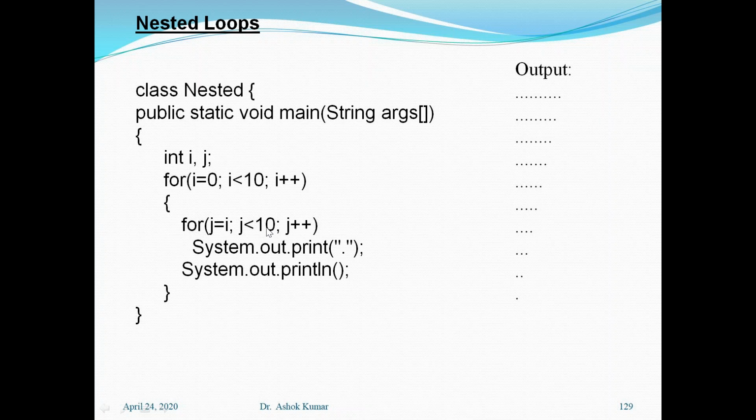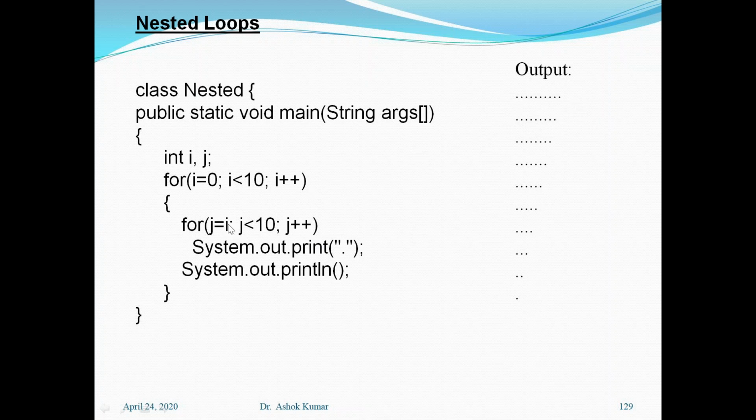So the final value is 9, the initial value is i. The number of times this loop will repeat this single printf statement will be equal to 9 minus i plus 1. So when i is 0, this loop will print this dot 10 times: 9 minus 0 plus 1 is 10. So this dot will be printed 10 times.